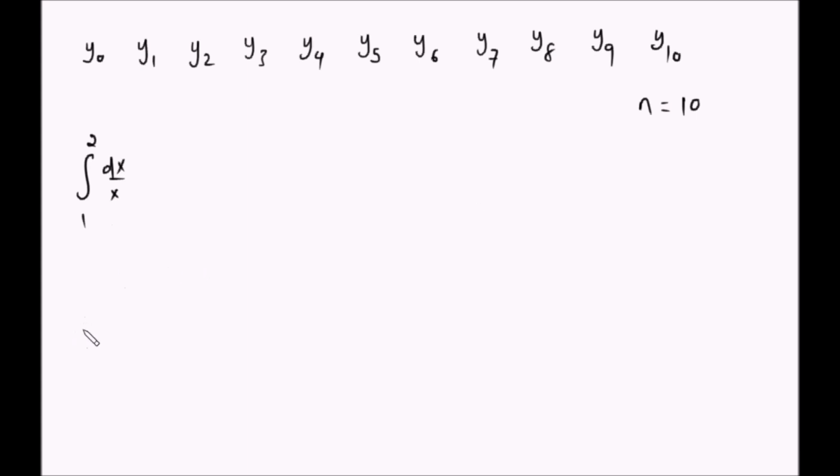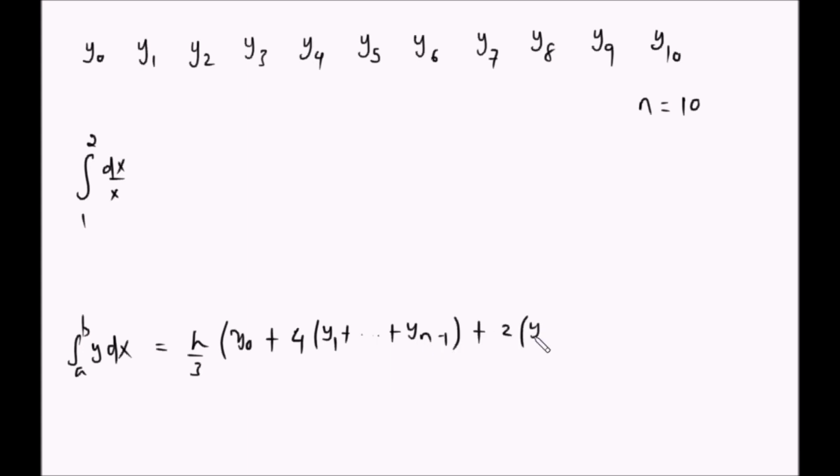So kwa kawaida tunatumiaga ile tunatumia a mpaka b y dx, and then ndo tunasemaga ni sawa na h over 3 y0 plus 4 zile odd numbers zile mpaka yn minus 1 jumlisha 2 zile even numbers zile mpaka yn minus 2 na mwisho ni yn, si ndio hivyo eh? So in our case here it means our b ni 2 and then our a ni 1. So our n tumeona ni 10, yn tumeona.